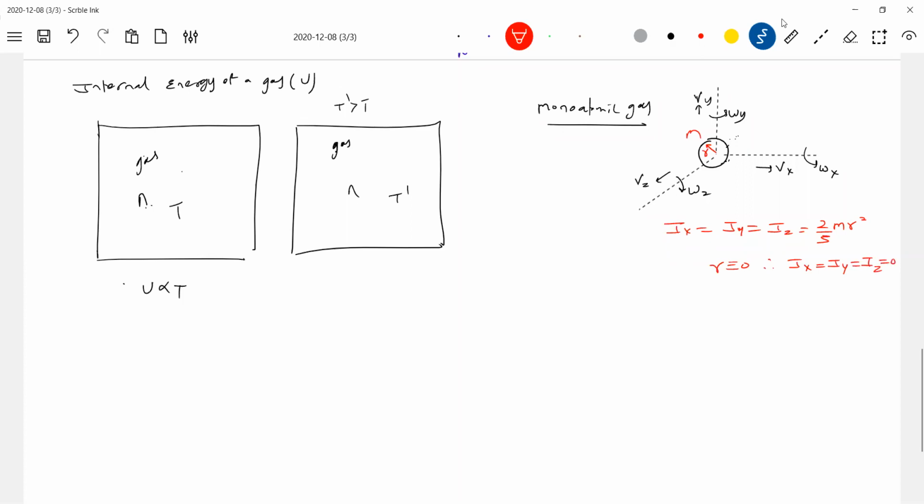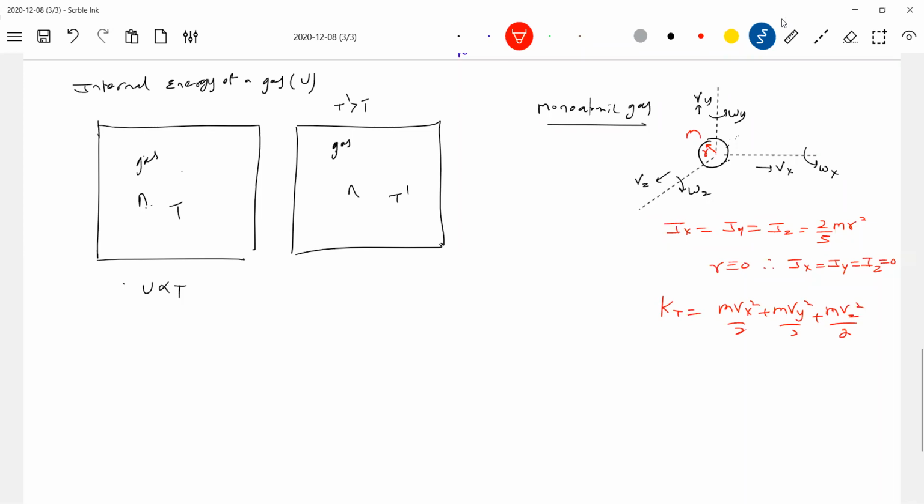So this molecule, what all energy will it possess? It will possess only translational kinetic energy, no rotational kinetic energy. What is the translational kinetic energy? Translational kinetic energy should be half m vx square.